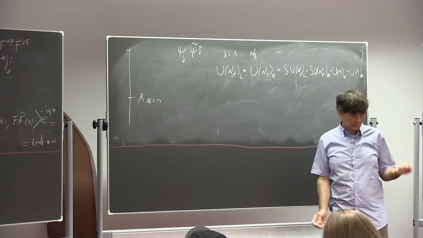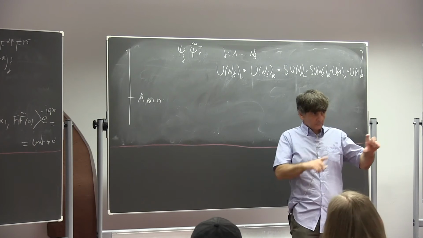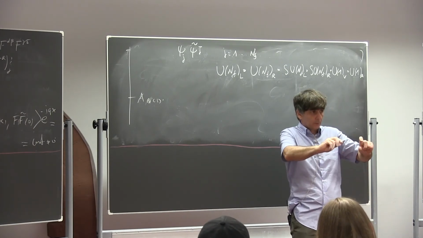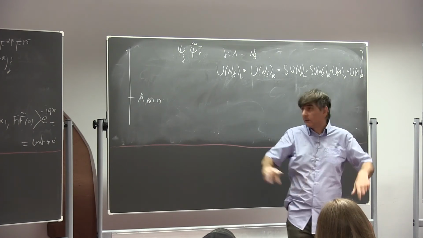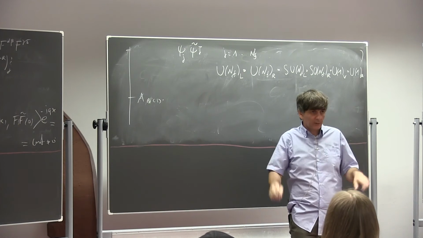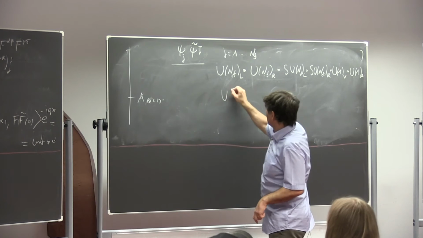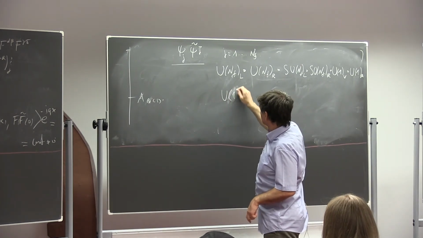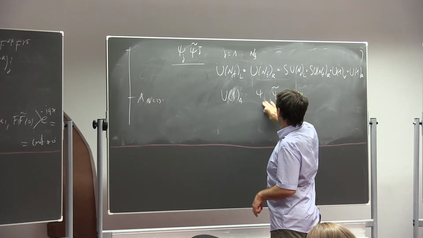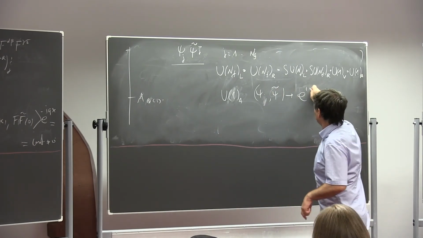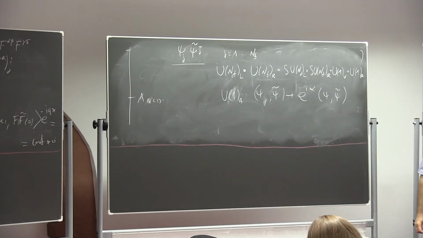Vector is the symmetry under which, in this basis where they are both left-handed, they transform in the opposite way. And the axial is in this basis when all of them transform in the same way. So under the axial symmetry, all the fermions psi tilde go to e^{i alpha} psi tilde. This is the axial symmetry.